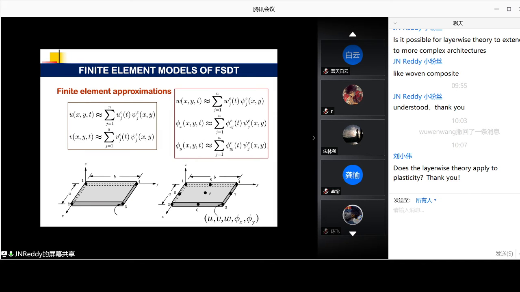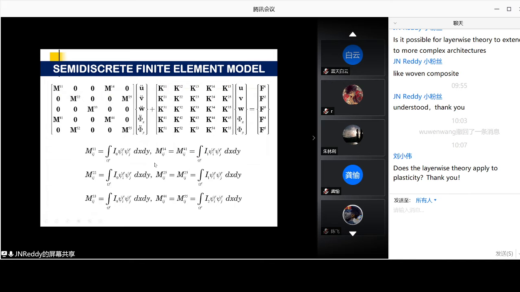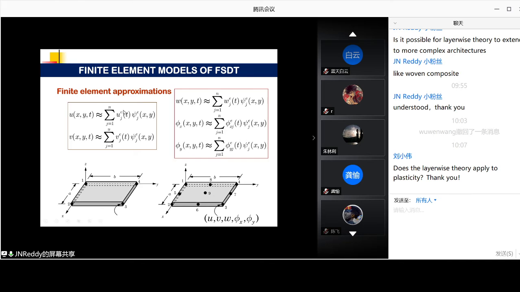But for flat plate elements, you only need 5 degrees of freedom: 3 displacements at the mid-surface and 2 rotations about the x and y axis. So without going into the detail, when you substitute the approximation, go back to the previous slide, you see the nodal values are functions of time.